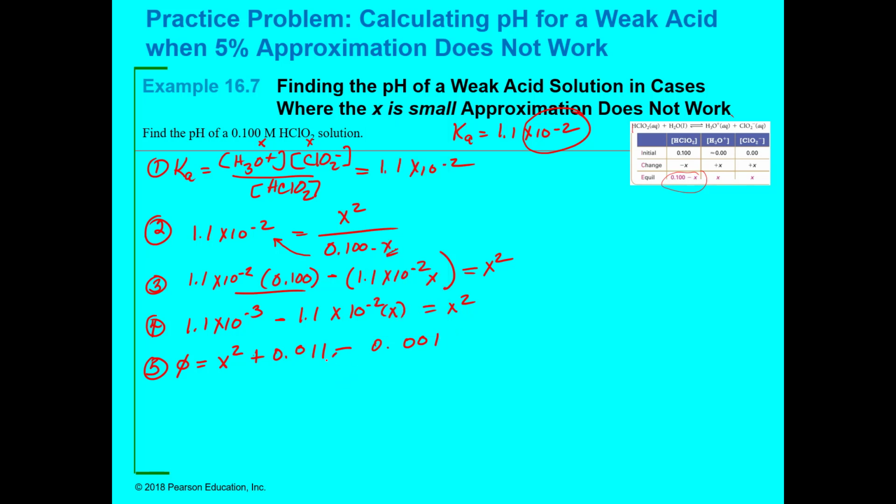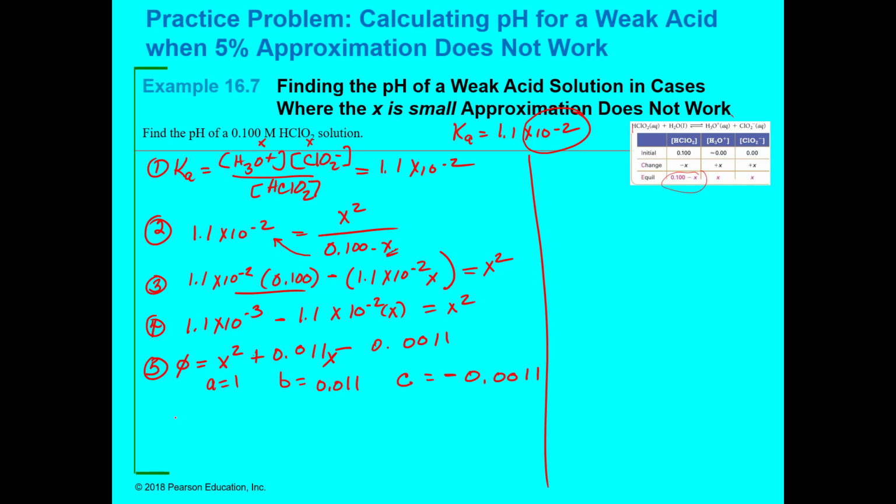Oops, that's why it looked funny to me. All right, so x squared minus 0.011x minus 0.0011, and that's all equal to zero. And so I can find out a is 1, b is negative 0.011, and c is a negative 0.0011. So that's how I got my quadratic numbers that I'm going to use, right?